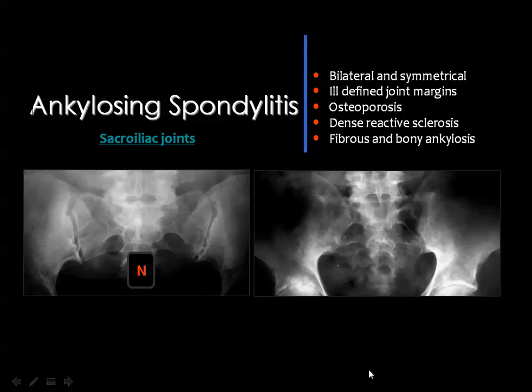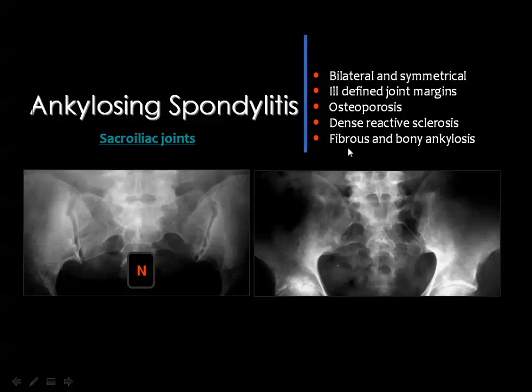Then this is the normal appearance of the sacroiliac joints, and these are the sacroiliac joints involved by ankylosing spondylitis. Ankylosing spondylitis affecting the sacroiliac joints will show bilateral and symmetrical manifestation. The joint margin will be ill-defined. Some osteoporosis may be seen around the joint, but dense reactive bone sclerosis is usually the manifestation.